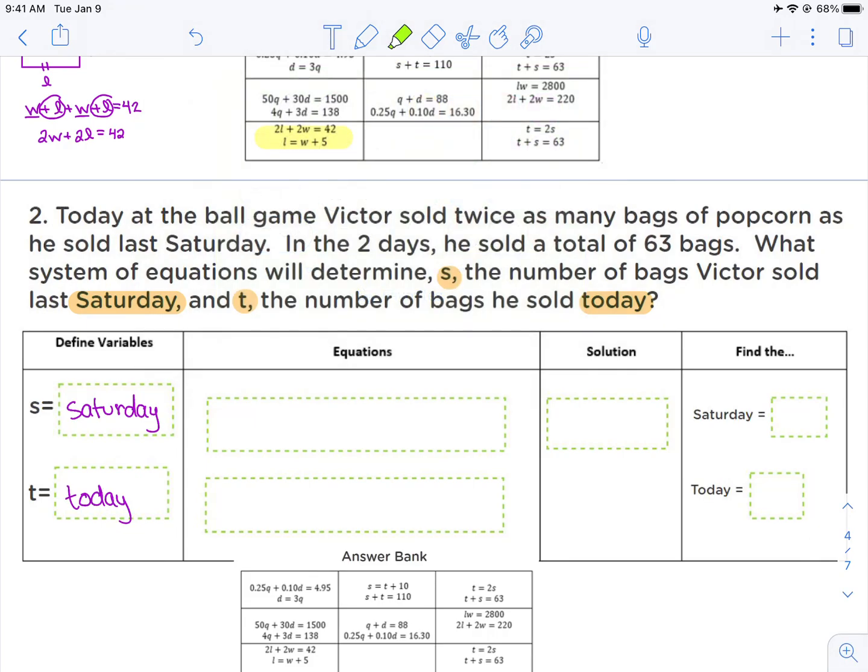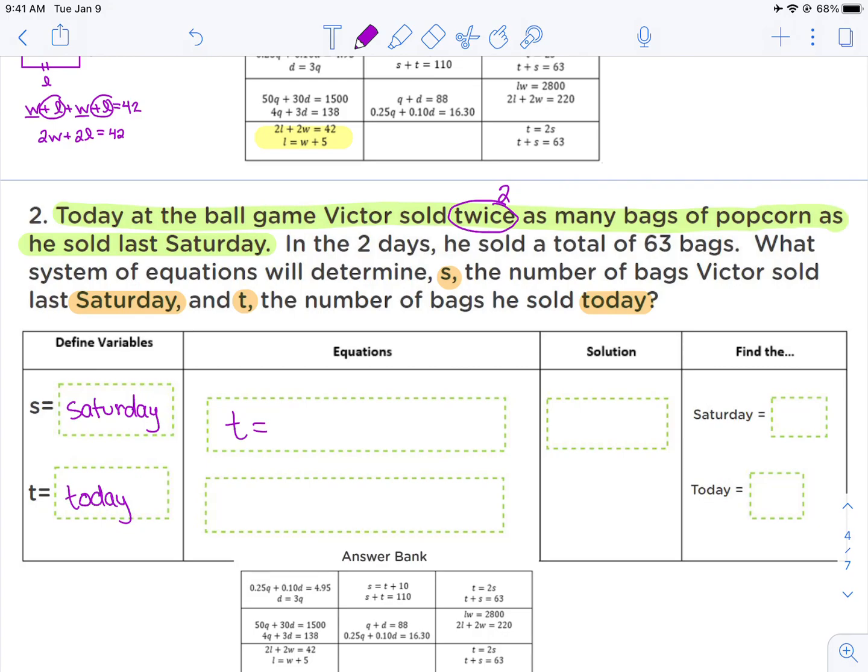So, first equation. Today, at a ball game, Victor sold twice as many bags of popcorn as he sold last Saturday, which means he sold more popcorn bags today than he did last Saturday. So, we're going to start with T equals, because that's the one that has the most. Now, when we see the word twice, we think of the number 2 and we think of multiplying.